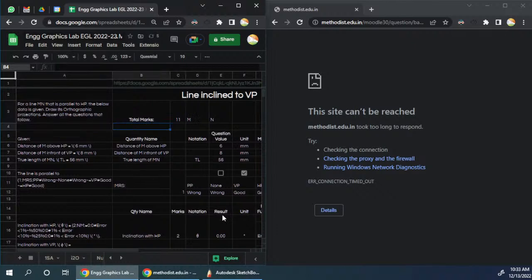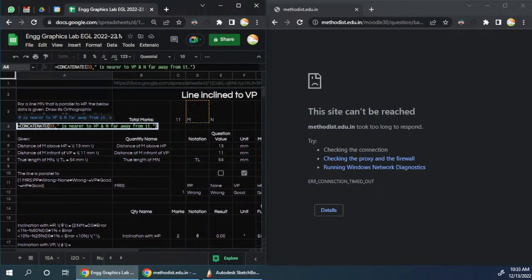This is where it comes up as inclined to VP, near to VP.